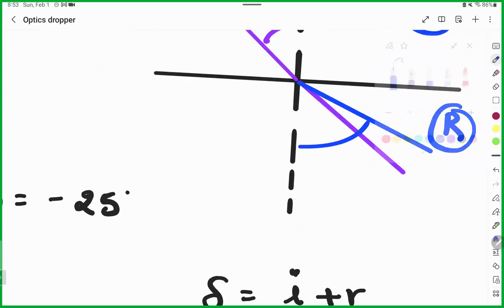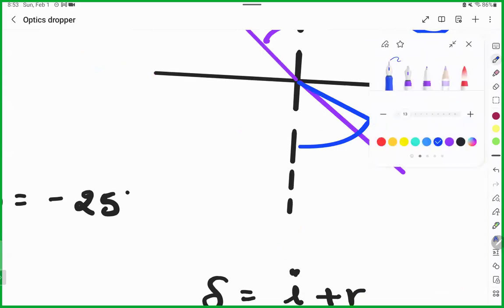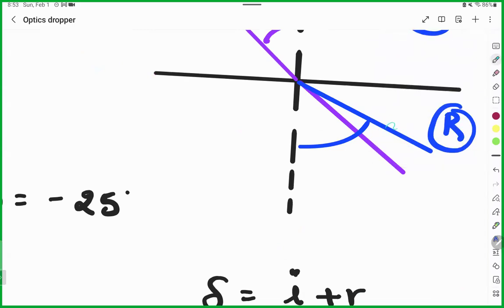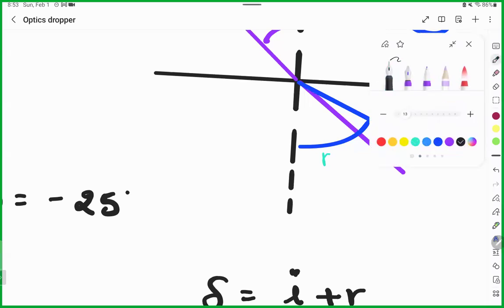So in this case, if this is angle of deviation and the whole thing is angle of refraction, the angle of refraction will be equal to I plus delta.